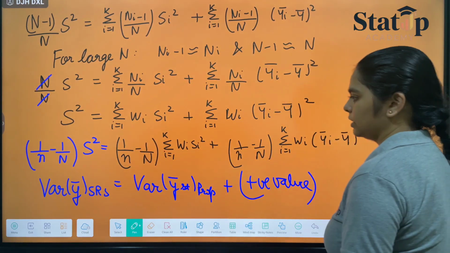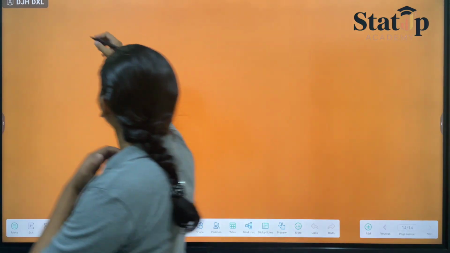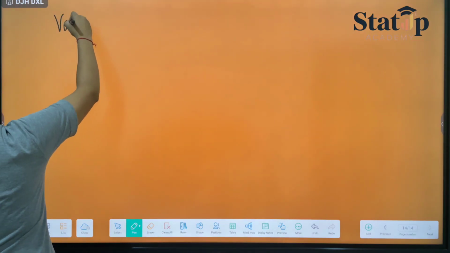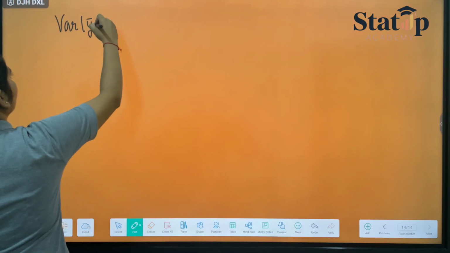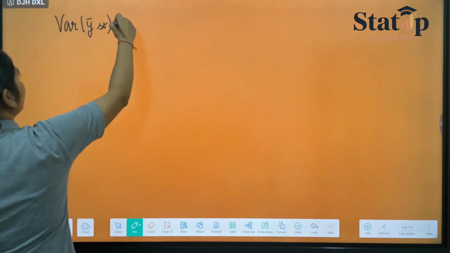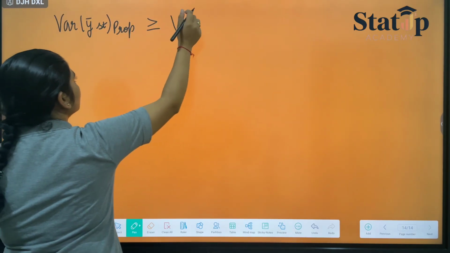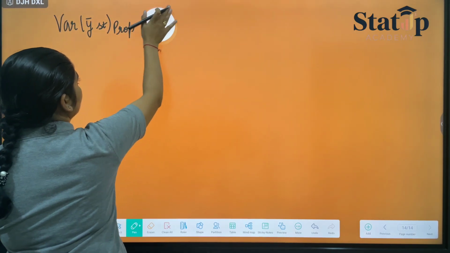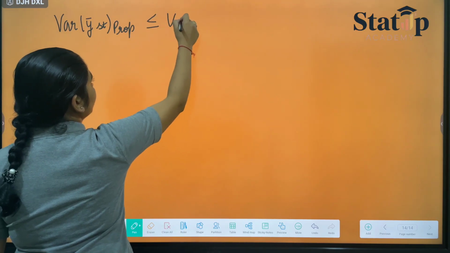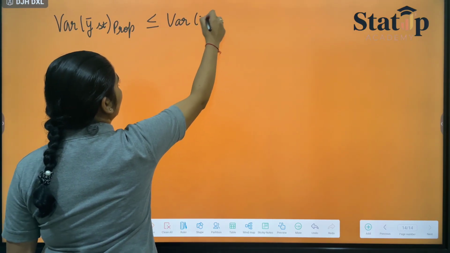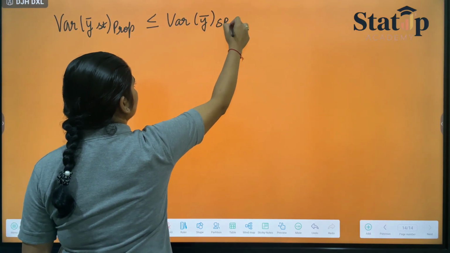So with this we can write that variance of y bar st of proportional allocation is less than or equal to variance of y bar simple random sampling.